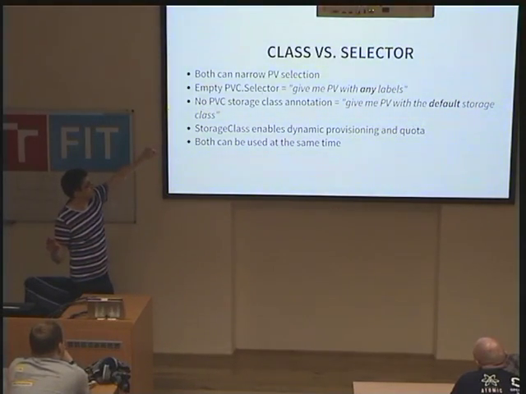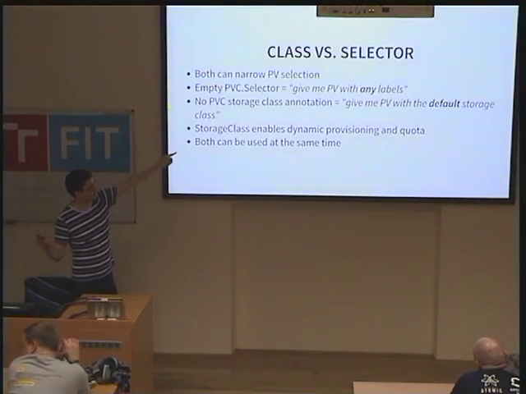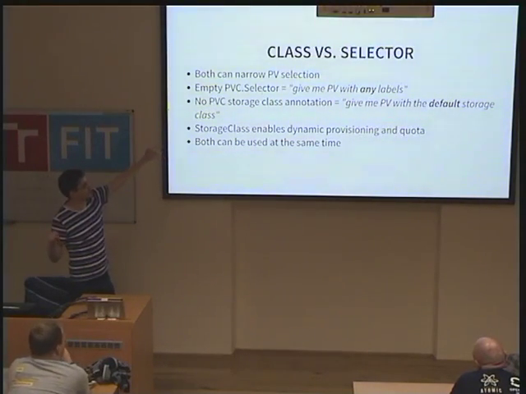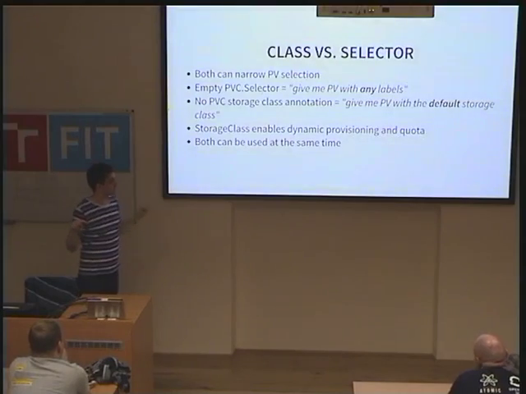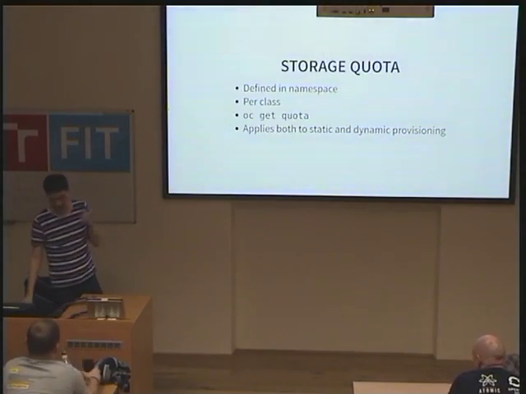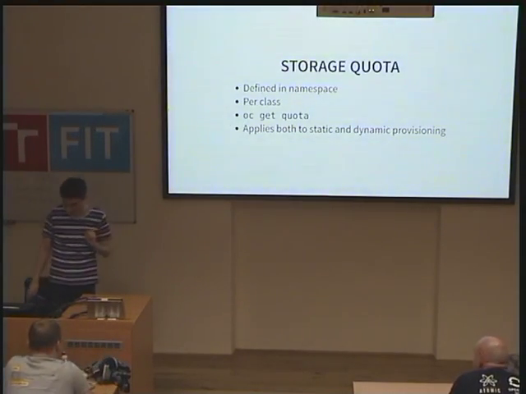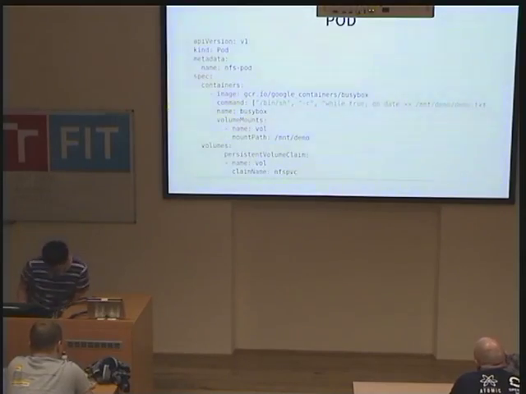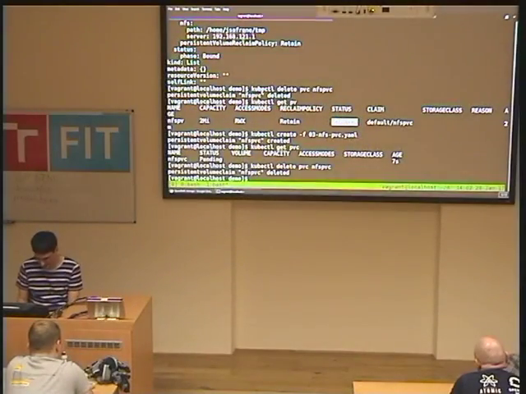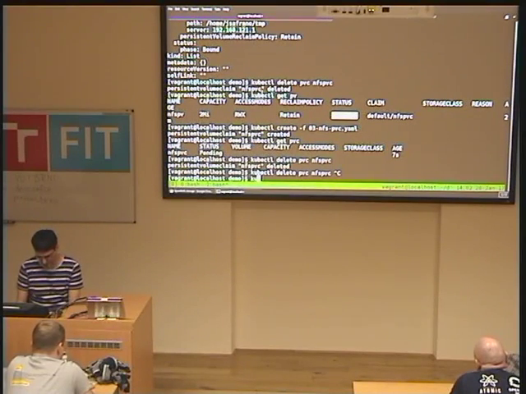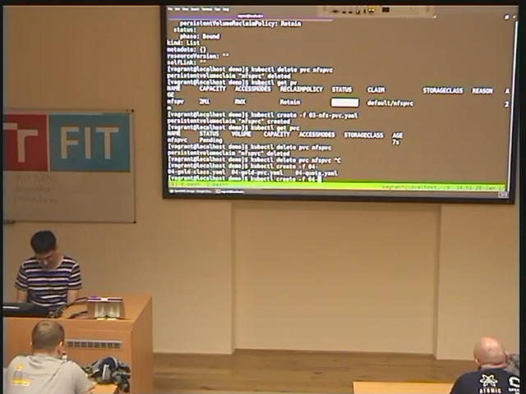If you don't put any class into the PVC, you will get the default storage class. And how can this be used with quota? I have an example, I hope.